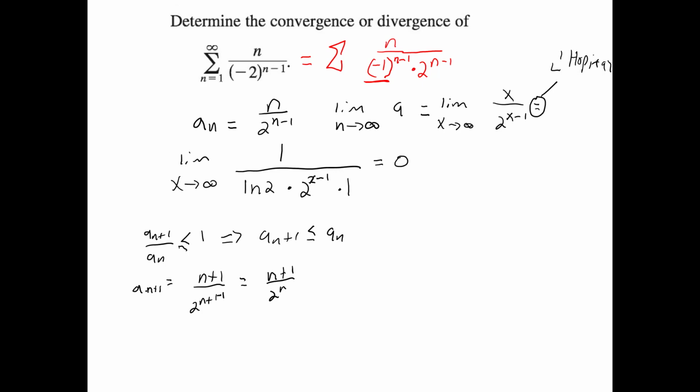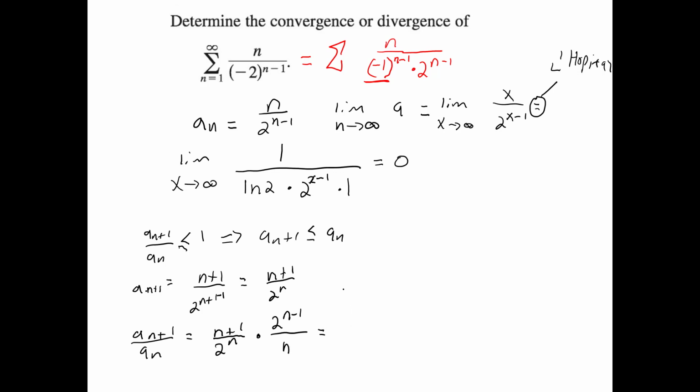Okay, and so then when we go and divide a sub n plus 1 by a sub n, since we're dealing with fractions, rather than dividing, we're going to multiply by the reciprocal. So we're going to take the n plus 1 over 2 to the n, and multiply it by the reciprocal of a sub n, and the reciprocal of a sub n is 2 to the n minus 1 over n.